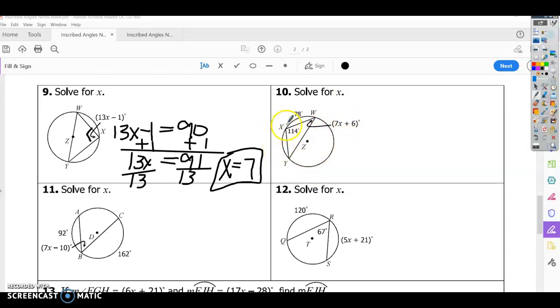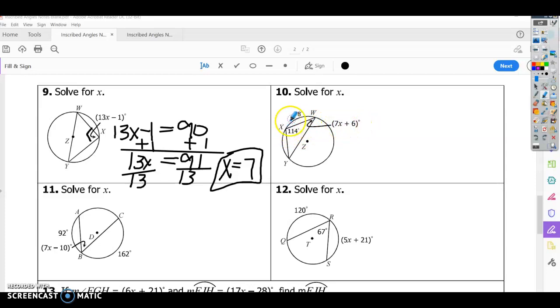So first, all right, need to look at this one for a second, but what we are given is this arc measure and one angle here, and then this information here.